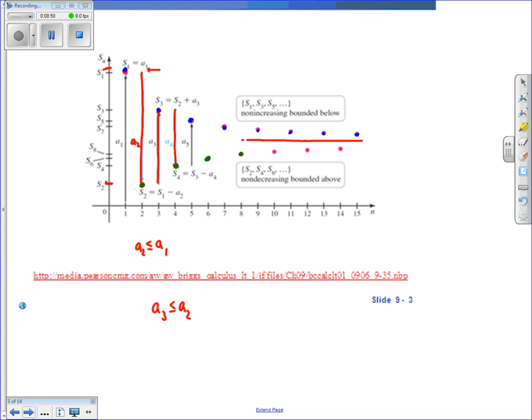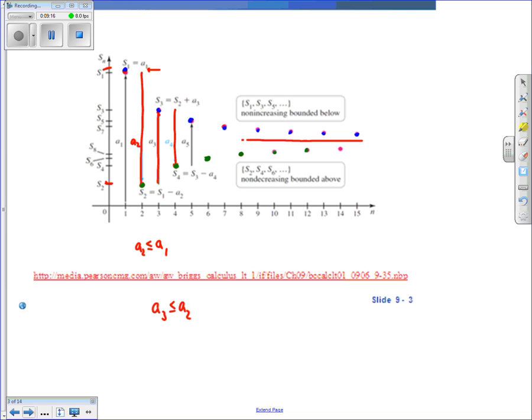Those terms form a non-decreasing sequence, and we know that it's bounded above. It's bounded above by either the previous term or by whatever that infinite sum is going to be. So this also forms a sequence of terms that's non-decreasing and bounded above, and so we know it also has to converge.